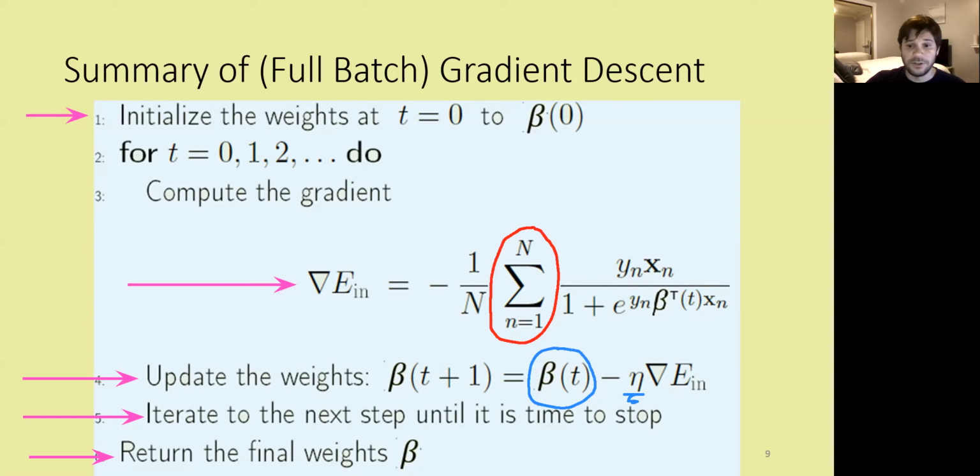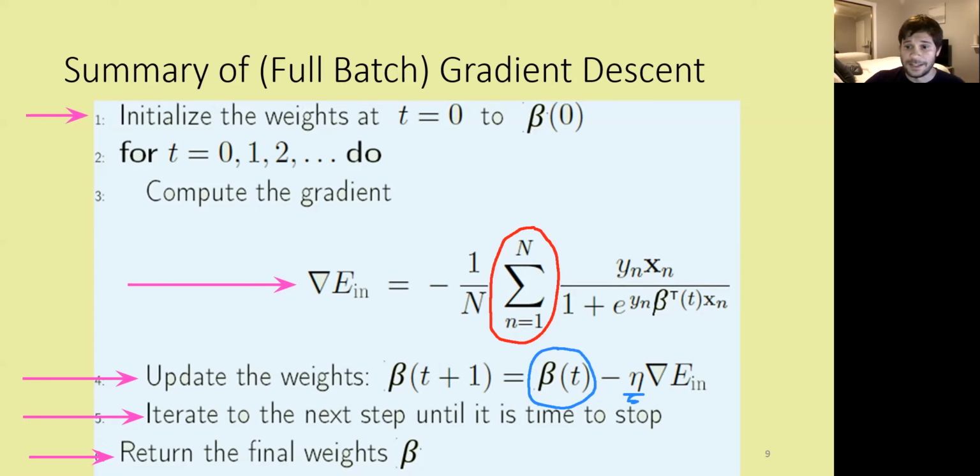That allows us to negotiate a trade-off between the number of iterations and the complexity of the computation for each iteration. It might take more iterations, since not using all the data points means we're not moving in exactly the right direction, but every iteration will happen much faster.